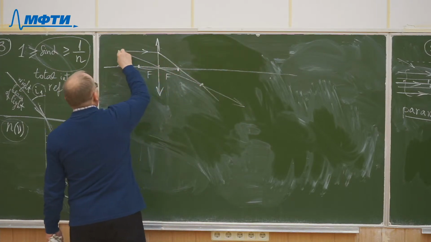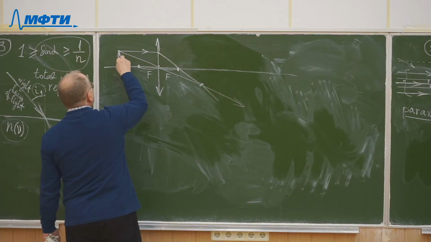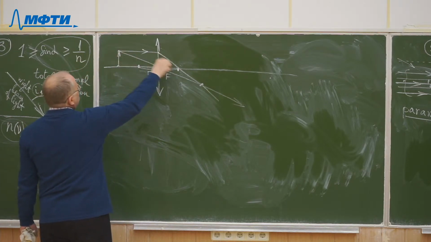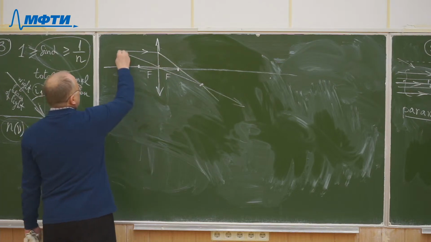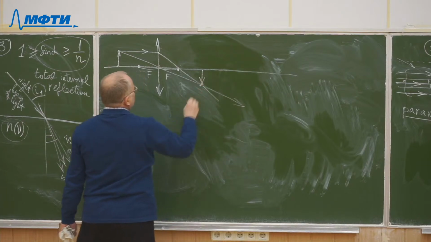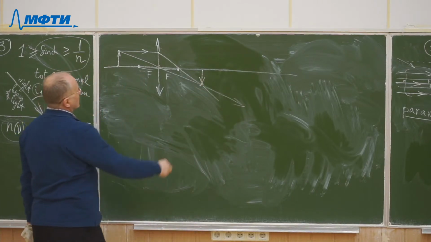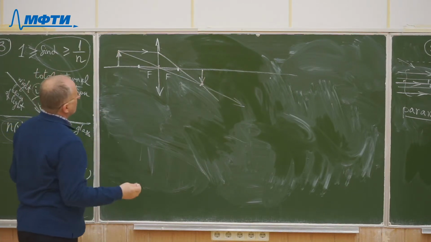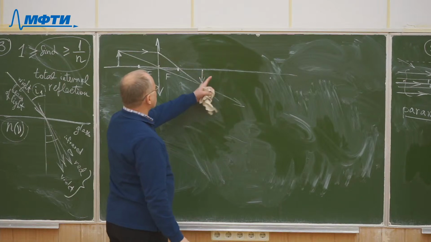So the image of other points of this object can be obtained using the same geometrical construction, and so we come to the conclusion that there will be an image of this object formed in the space. If this is a true object, which is scattering light, then this is not an object.